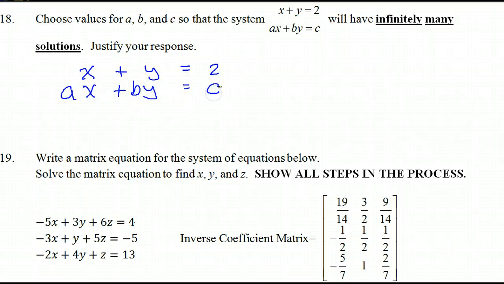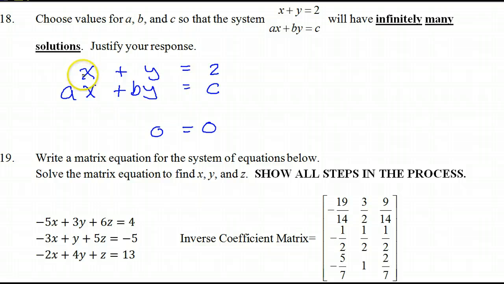And you're being asked to choose values for A, B, and C that will make this infinitely many solutions. So what you need is an A, B, and a C that will cancel everything out and cause it to be 0 equals 0, like I just showed you.